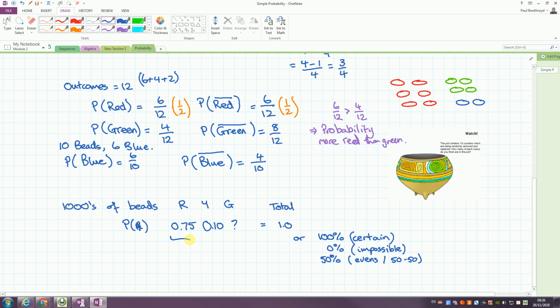Well, from these two parts we get 0.85. So the green must be 1 minus 0.85, which is 0.15. That's the basics of nearly all the simple probability questions you will get. Okay, so you might want to split these up into different situations to review.